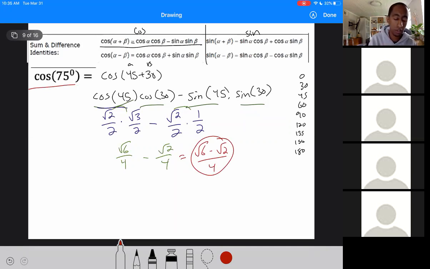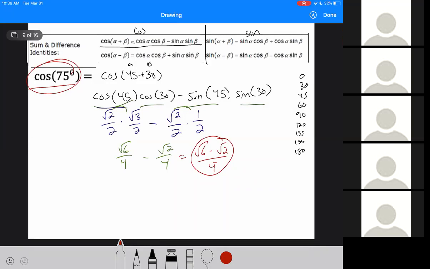We could check it with the calculator. If we put cosine of 75 in the calculator and we put square root of 6 minus square root of 2 over 4 in the calculator, it would equal the same decimal. So it is possible using the unit circle to find more than just the values on the unit circle. So beautiful. Any questions? You can send a message in the chat or you can unmute yourself.